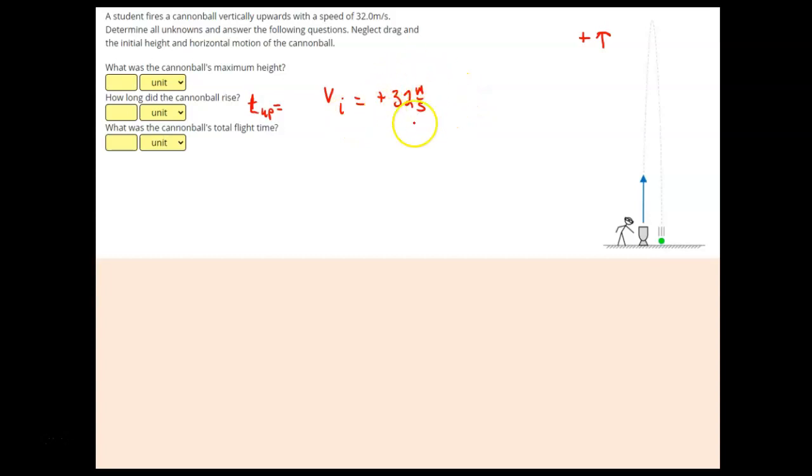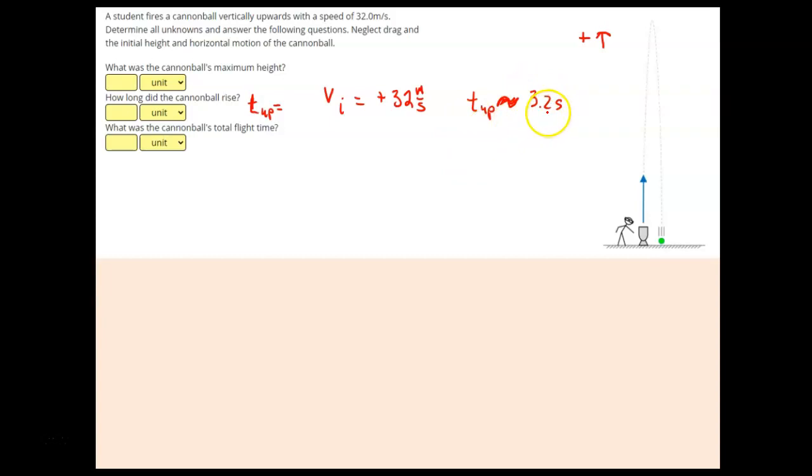And you should have a sense of that by just saying, hey, I know gravity is going to reduce the speed in the upward direction by about 10 meters per second each second. So you should know and intuitively get that time up is going to be about, not exactly, about 3.2 seconds.